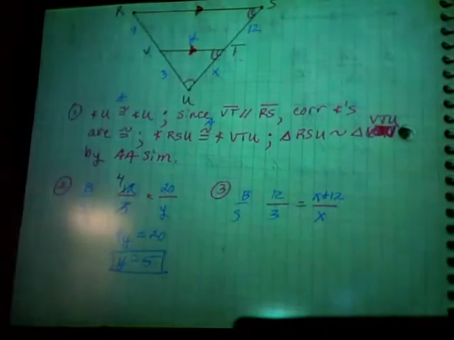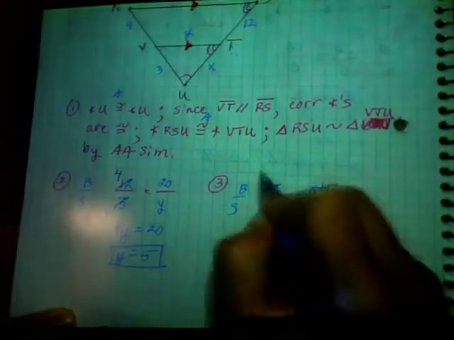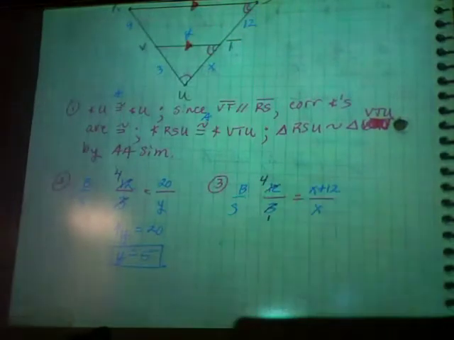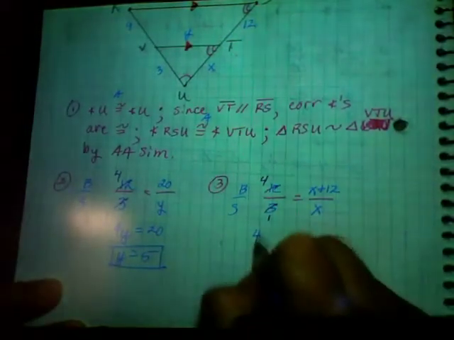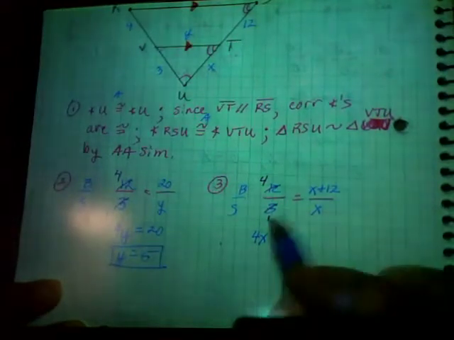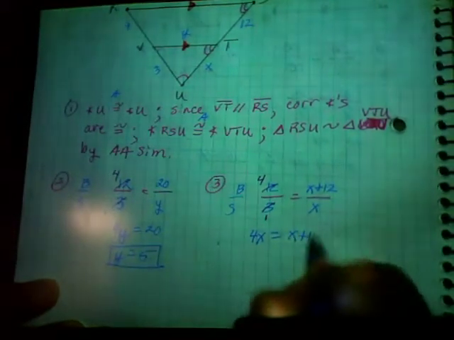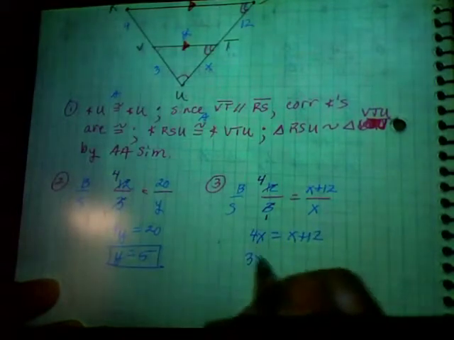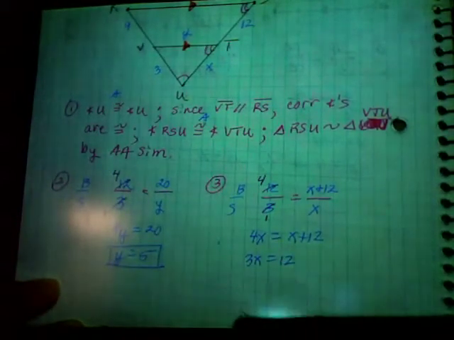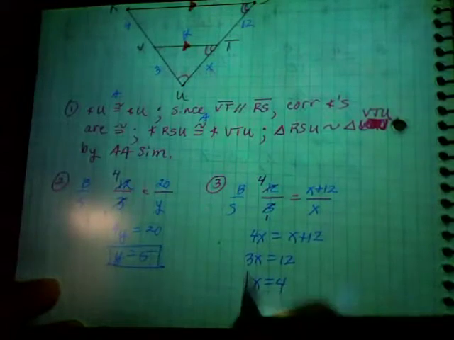So this one's a little bit more complicated. In this case, I would be reducing the 3 into the 12 before I cross multiply. So I got 4 times x is 4x equals 1 times x plus 12, which is just x plus 12. Subtract x from both sides. 3x is equal to 12. Divide by 3. Doesn't x equal 4?